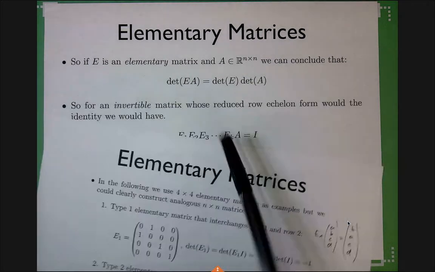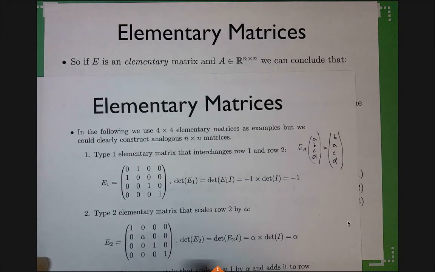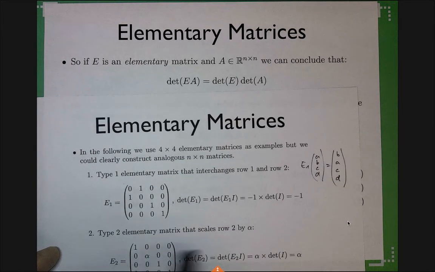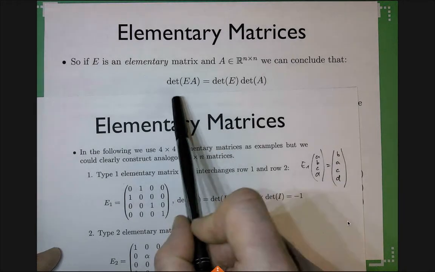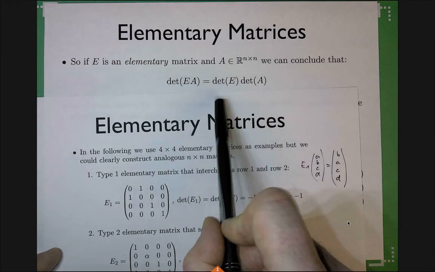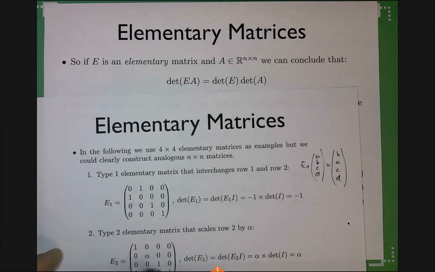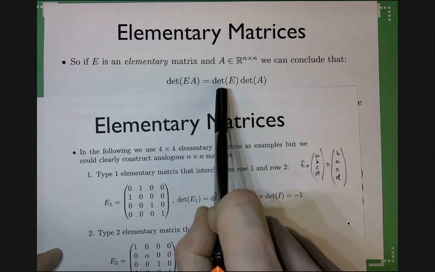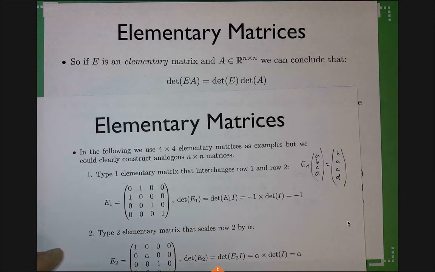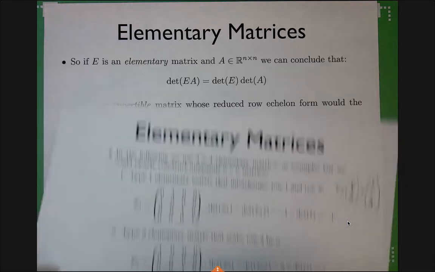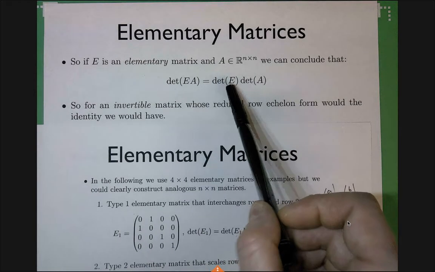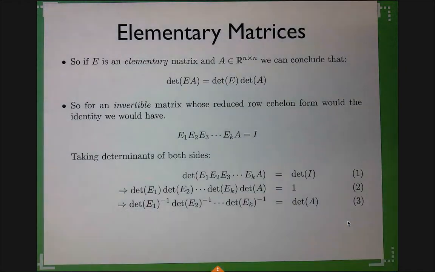The same way for all the other matrices. For the second, we know that this change of the matrix, this EA, changes the determinant by multiplying it by alpha, that's from linearity. But the determinant of this matrix is alpha, so I can just write it like this, alpha times the determinant of A. And the same way for the third case. For the third case, this is actually 1. So that's actually simple.